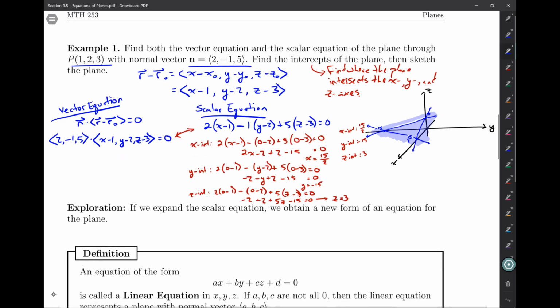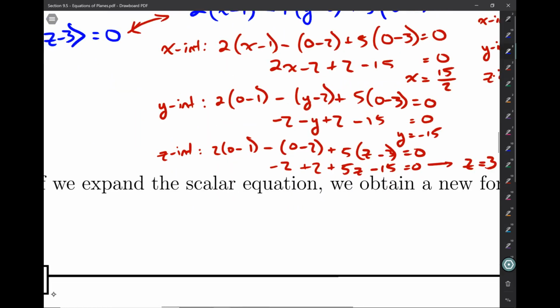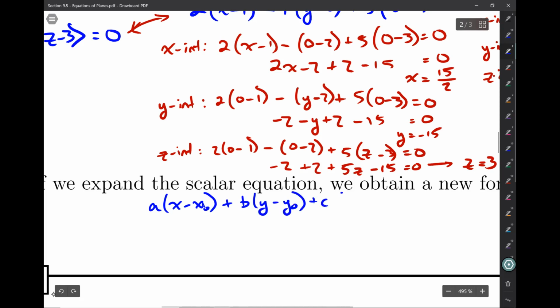Now, if we actually expand this scalar equation, if we have a times (x minus x naught) plus b times (y minus y naught) plus c times (z minus z naught) equal to 0. Let's say we expand this out.